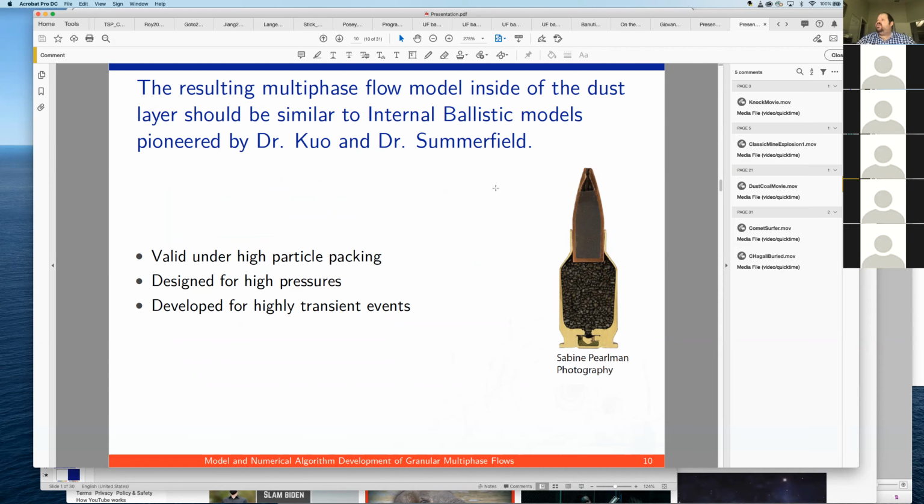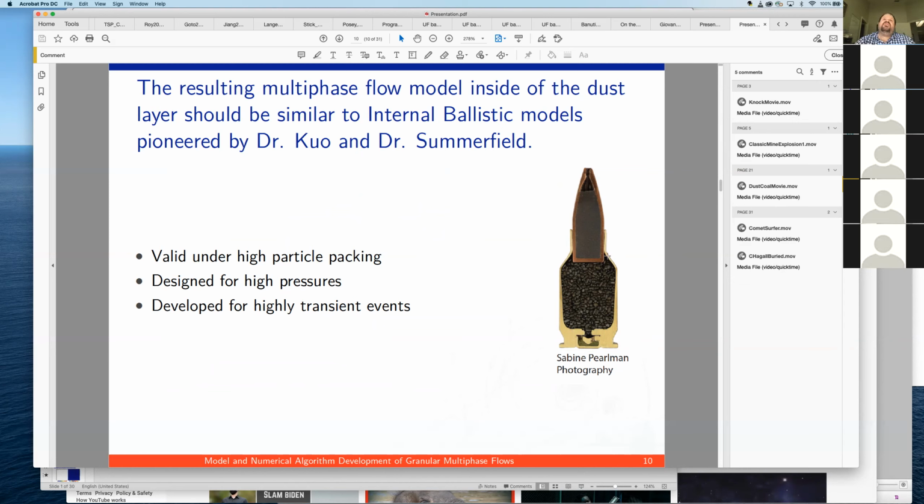This talk was basically a session at an AIAA conference given by a bunch of his former students, and we just talked about what we were working on. What Ken had developed was very similar. This was in the 60s, and these are precursors to basically modern granular theory.